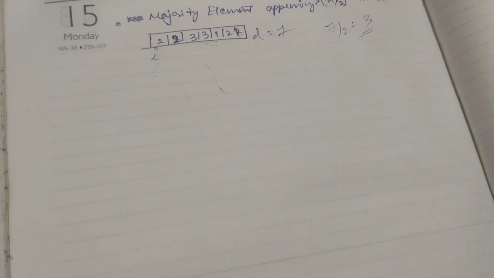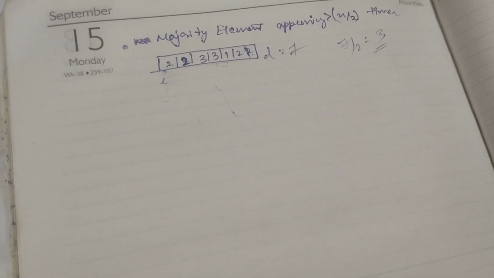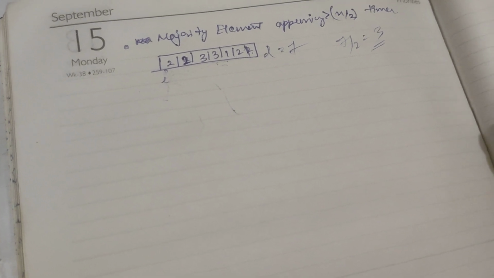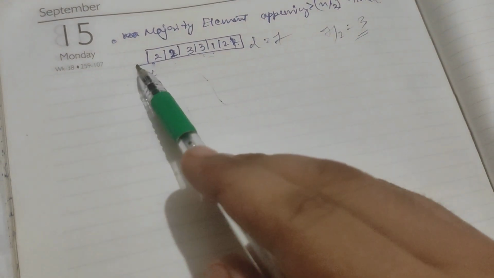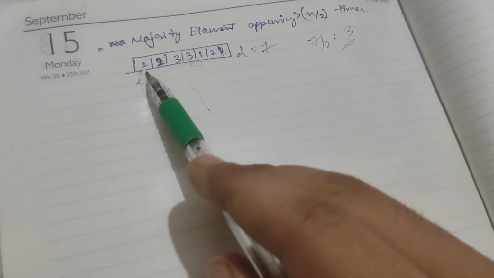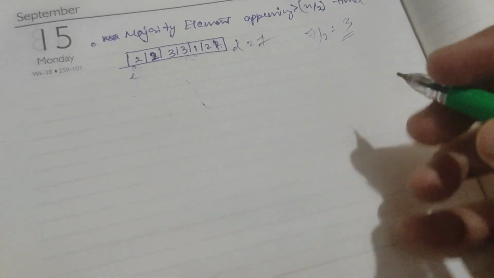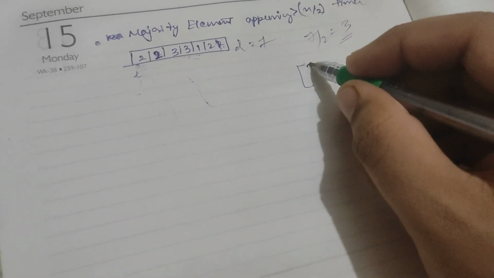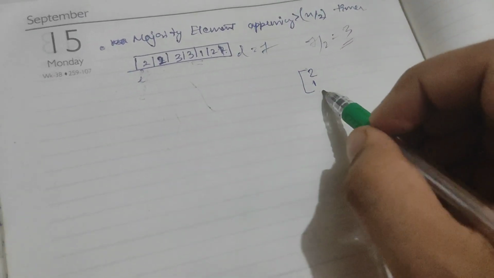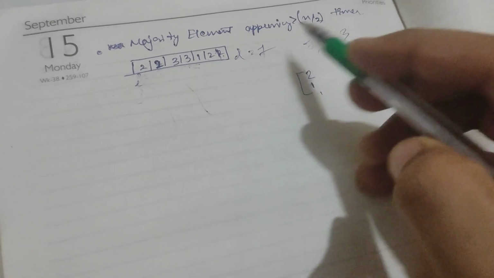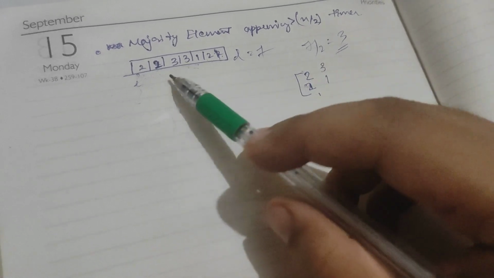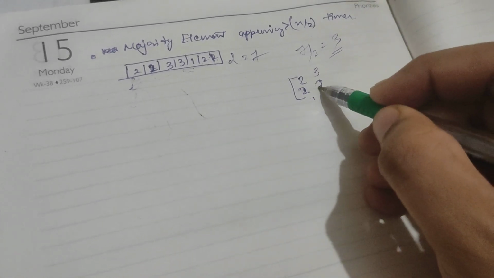So what would be a much more optimal way? Another way is using hashing. In hashing we store each number as a key with its value. Like we have a map: 2 and its current value is 1, meaning its frequency is 1. Now again 2 comes, so we increase its frequency to 2. Now 3 is here with 1. Again 3 appears, so we change its frequency to 2.